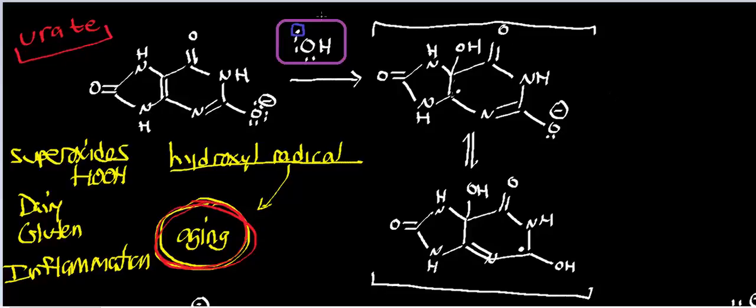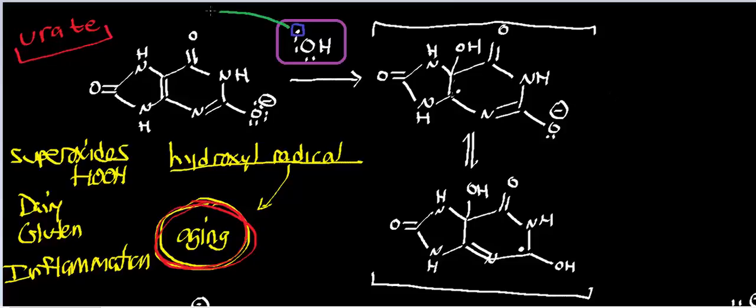Well, it turns out that because urate has some pi electron conjugation, you can actually tie up a radical in that electron conjugation, and it can render the electron significantly less reactive, and then the species that you get at the end can be excreted. So for example, I'm going to draw the mechanistic steps in green.